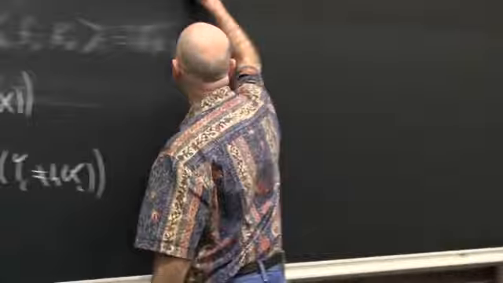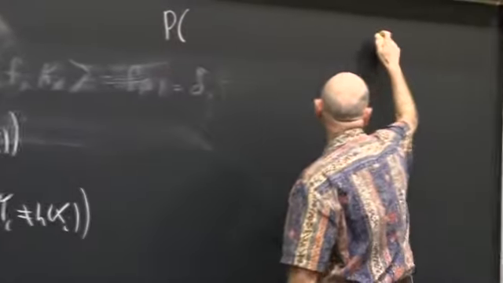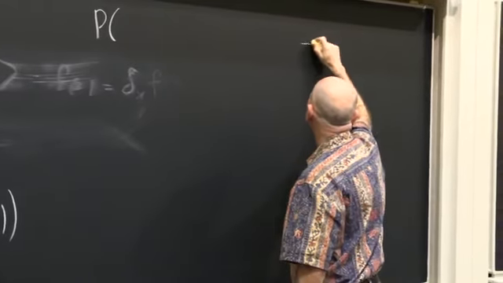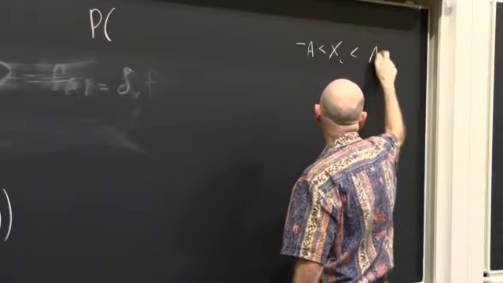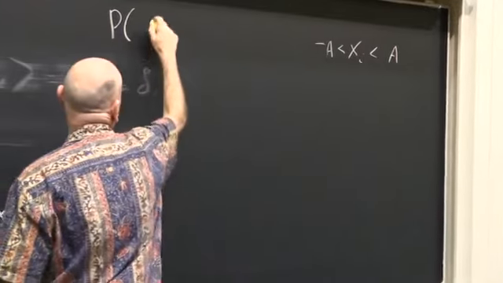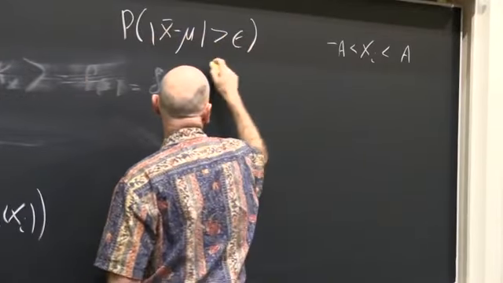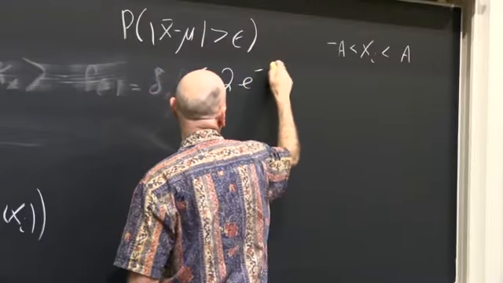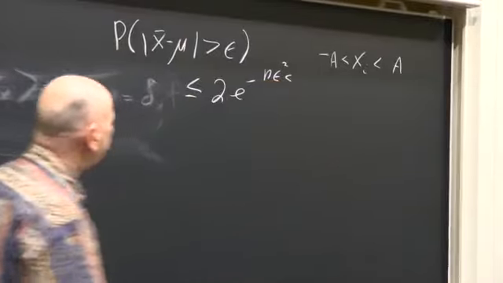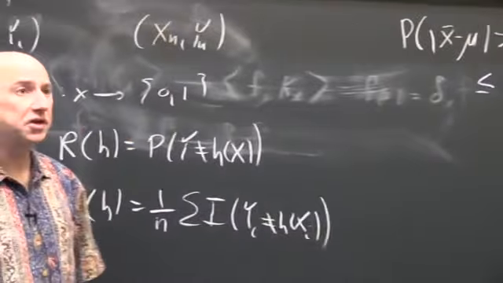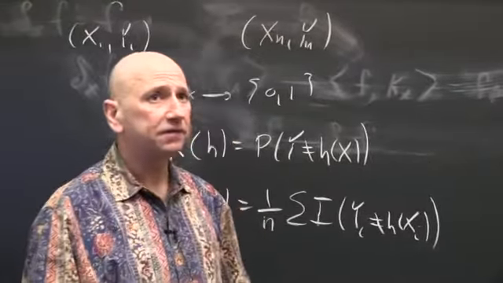Hoeffding's inequality says that, for a bounded random variable, the probability that the average minus the mean is bigger than epsilon is less than or equal to 2 times e to the minus n epsilon squared times some constant which involves how big the endpoints are. If you forget it, you should go back and review it, because everything we're going to use now depends on Hoeffding's inequality.